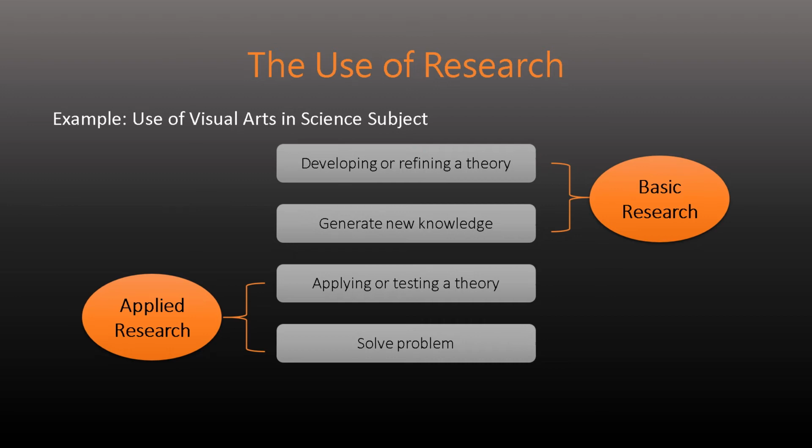And if deemed useful and effective, if the theory is right, then it could be used to solve a problem by using it as an intervention in an action research. So, use visual arts approach in teaching physics to solve the dilemma and misconceptions lingering in the students towards physics.